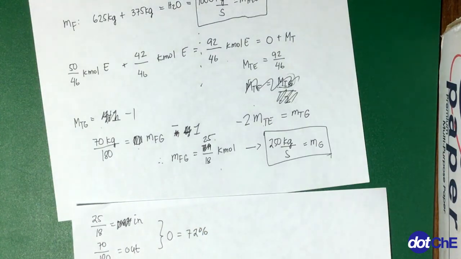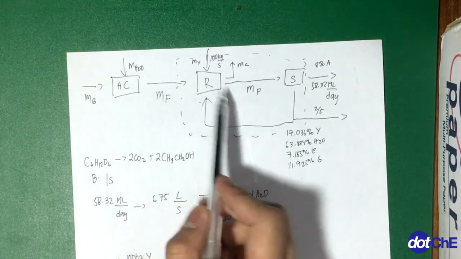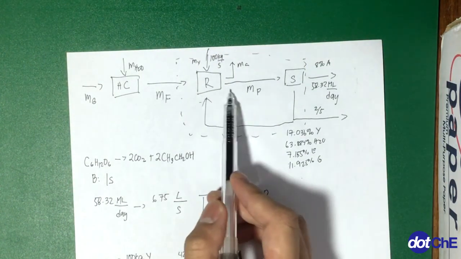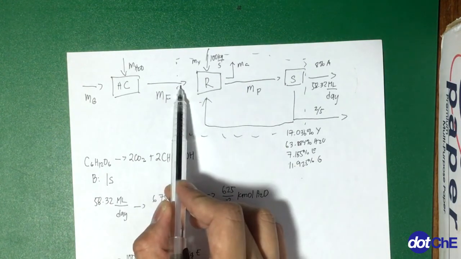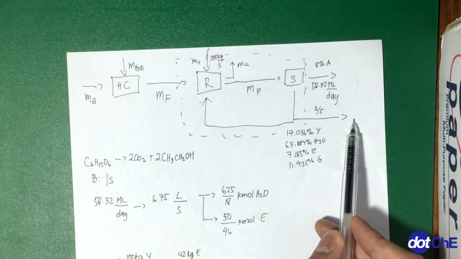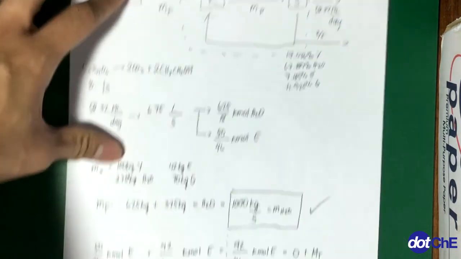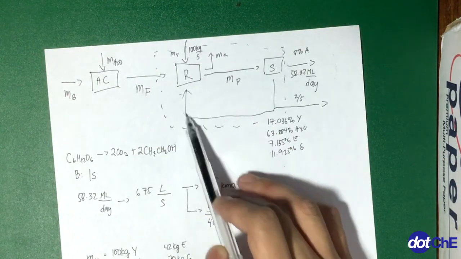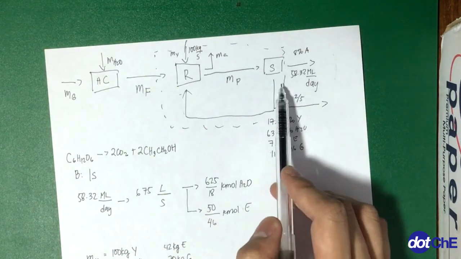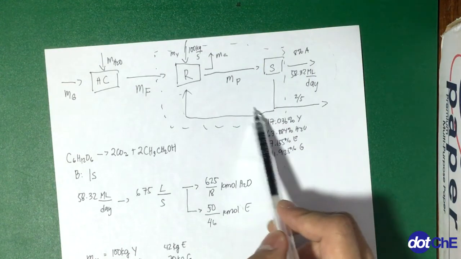Now, how do we get a single pass conversion? Please note that in the single pass conversion, we're considering this stream and this stream, unlike in the overall conversion where we only consider this stream and this stream. So in order to get the composition of this stream, we just have to get the composition of this stream, and we have to multiply it by 3 divided by 5.